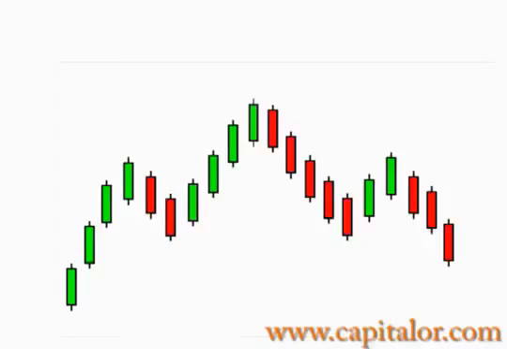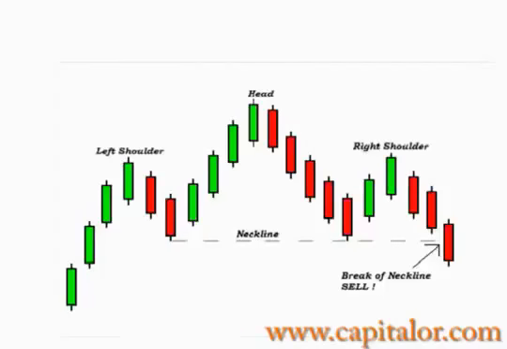The right shoulder has emerged, and when this candlestick started to form and got below the dotted neckline, this was your signal to sell.